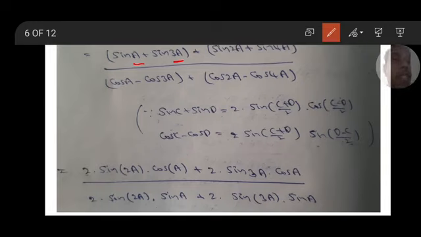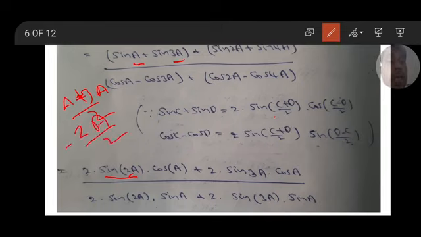So sin of (c plus d) by 2 is (a plus 3a) by 2, which is 4a by 2, which is 2a: 2 sin 2a. Next, cos of (c minus d) by 2 is (a minus 3a) by 2, which is minus 2a by 2, minus a. Cos of minus a means cos a.